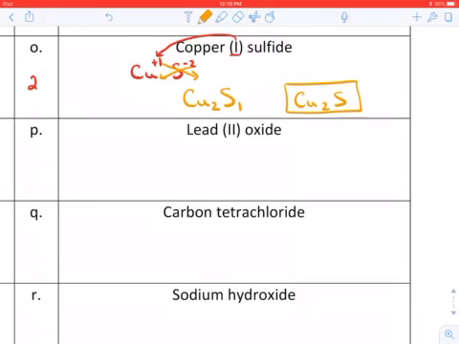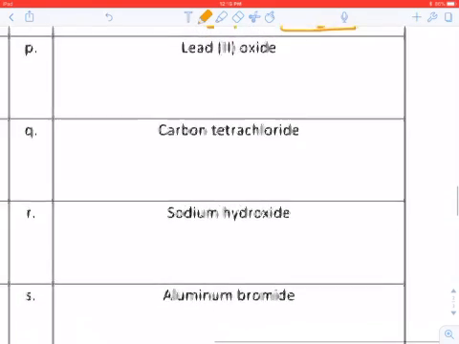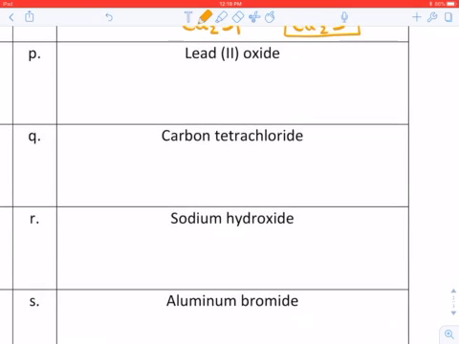Alright? Awesome. Moving on to P, we've got lead-2 oxide. Lead-2 tells us that it's type 2 ionic, and that just, again, makes it really easy for us. Lead is Pb. This 2 means that lead is +2. Alright? Oxide is O, it's -2.